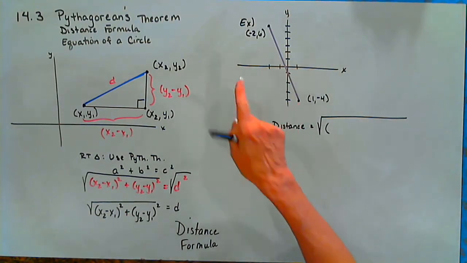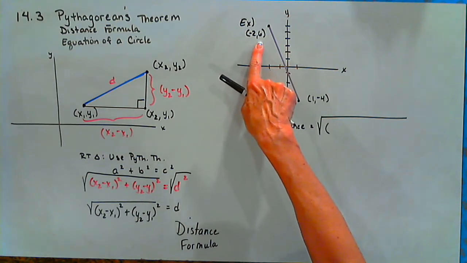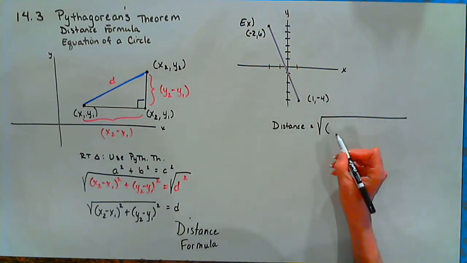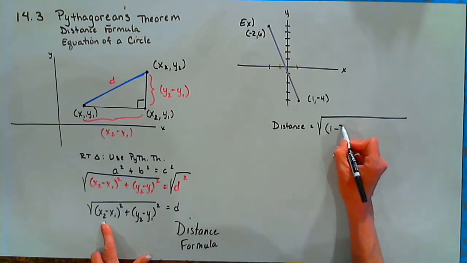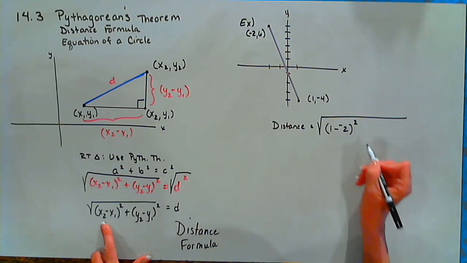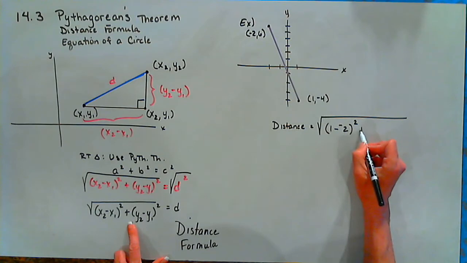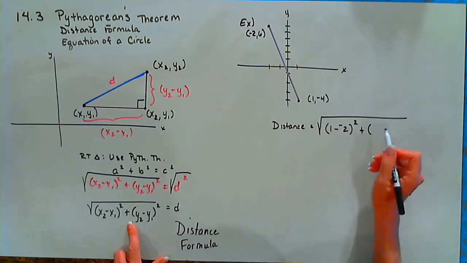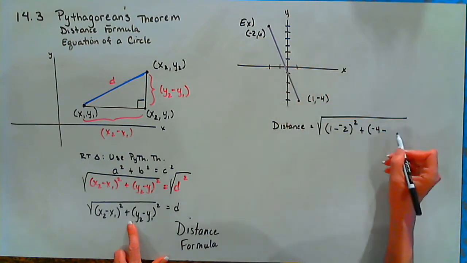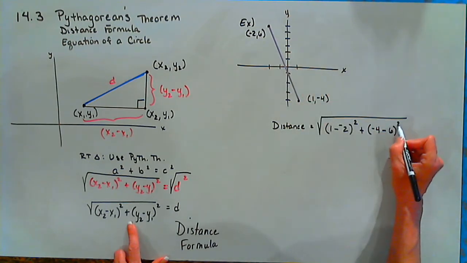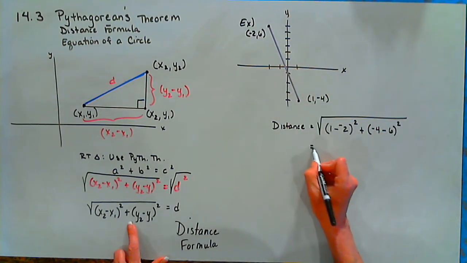So as I read from left to right, I'm going to call this point my first point and this one my second point. So if I say x2 minus x1, I'm going to square that. Then if I take the y value from the second point of -4, subtract the y value from the first point of 6, and I'm going to square that.